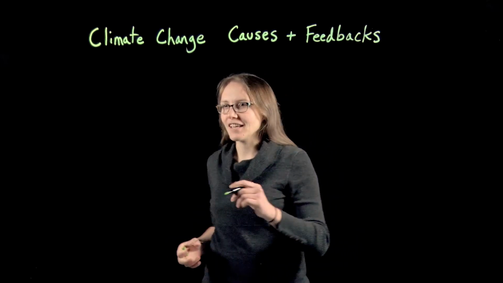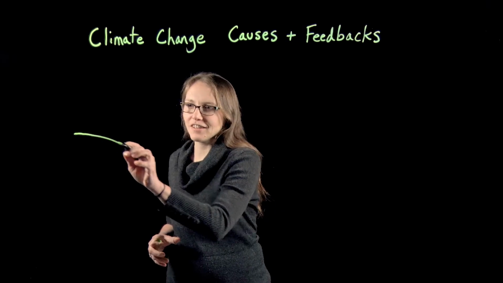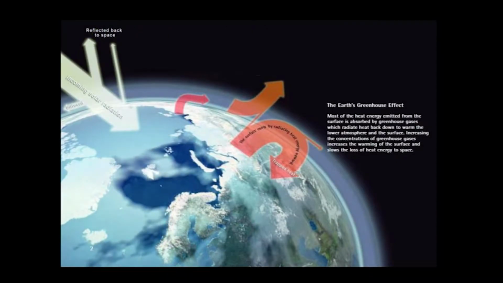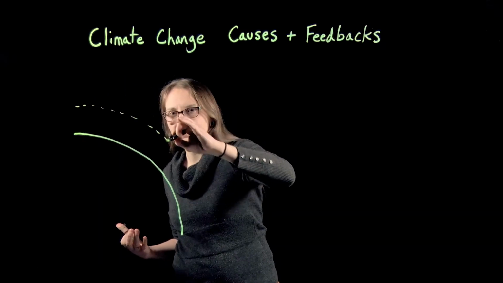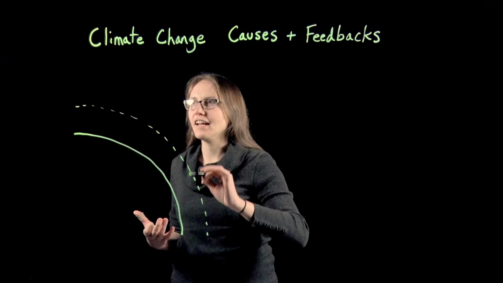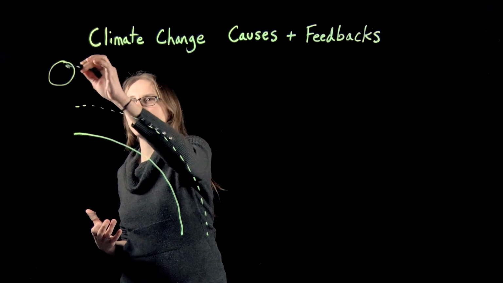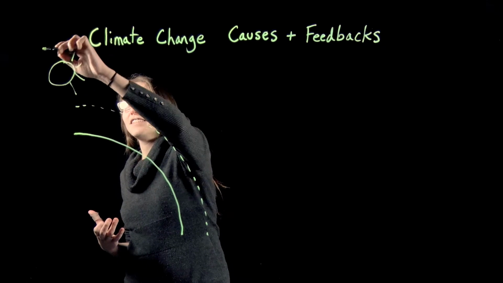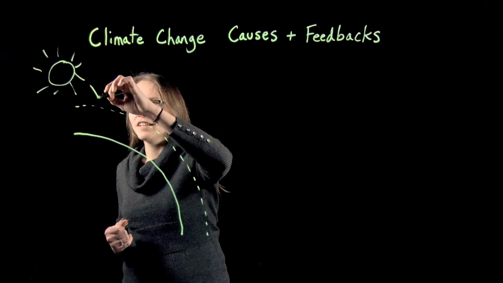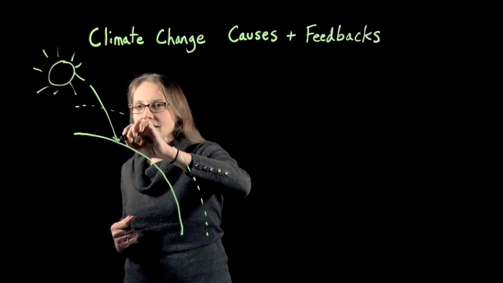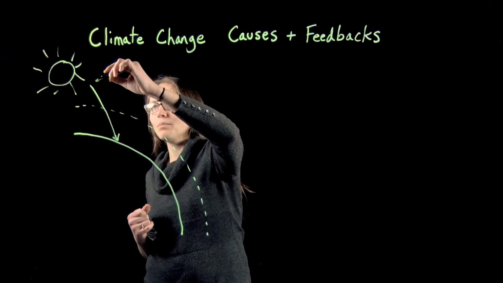So you saw that they had the surface of the Earth on there for the greenhouse effect, and they talked a lot about greenhouse gases, right? And so here's the atmosphere. And they showed how the sun, this is not to scale, was delivering energy to our planet.